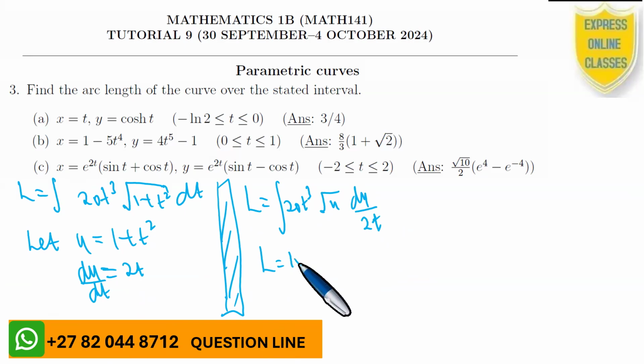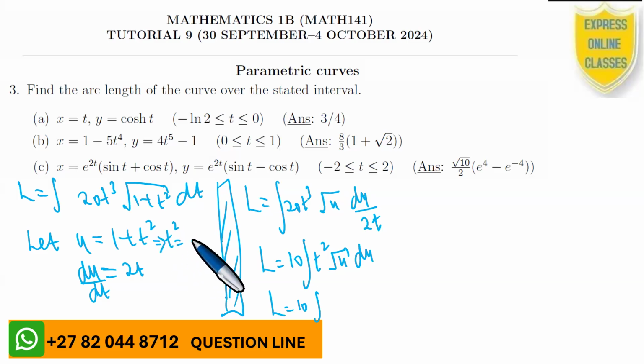You divide and it's 10 t squared root u du. This is 10 times the integral. What is t squared? From this, t squared is equal to u minus 1. The square root of u du.